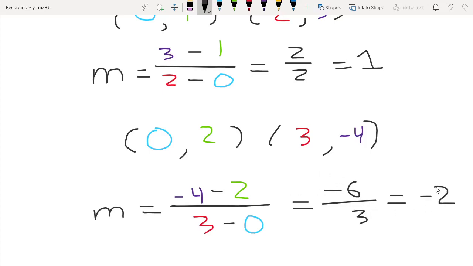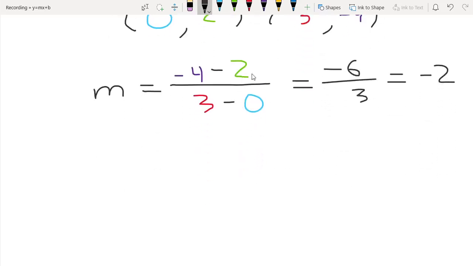Okay, so that was a little harder, but let's try this then. 0, comma, negative 2. And I want to make this all color coded for you guys.